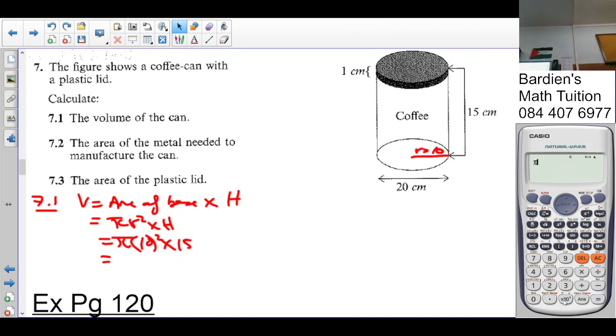So it's pi times 10 squared times 50, so 1500 pi, which is 4712.39 centimeters cubed. Okay. Yes? Did you not exclude it?